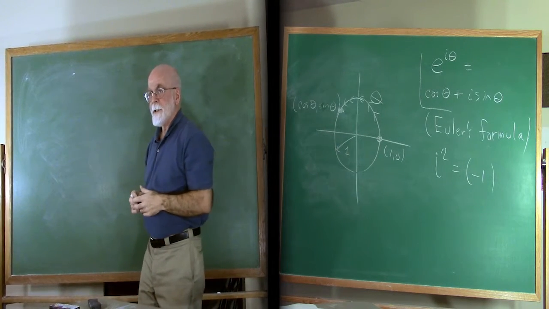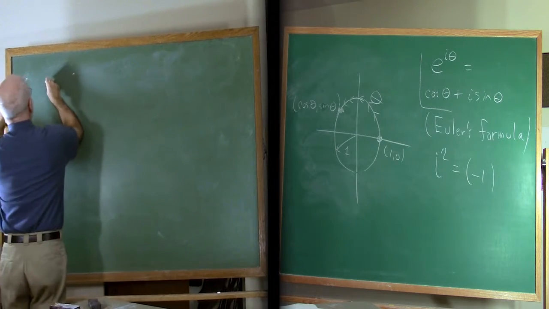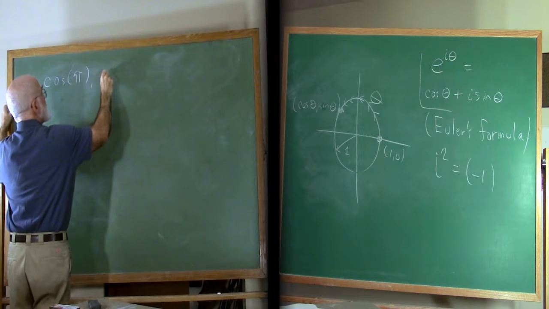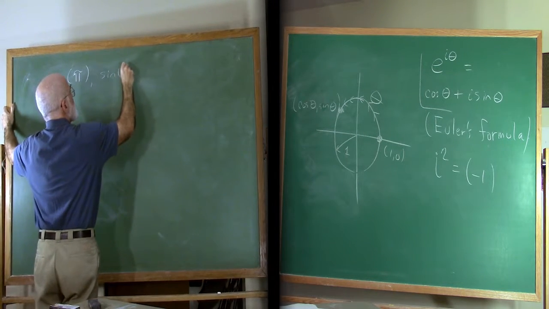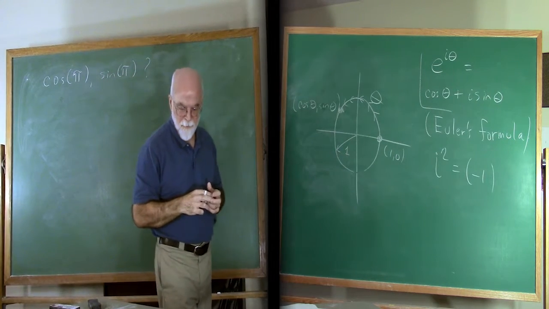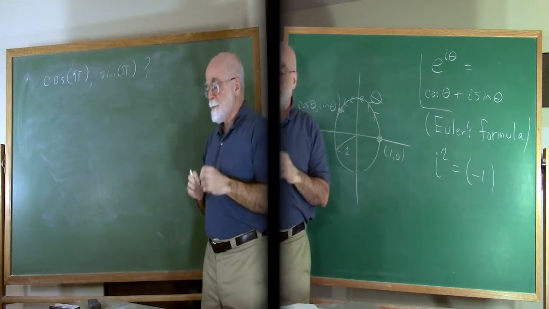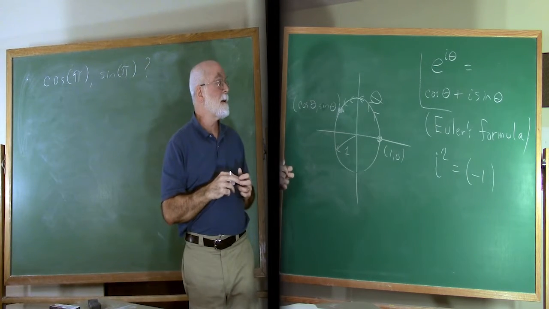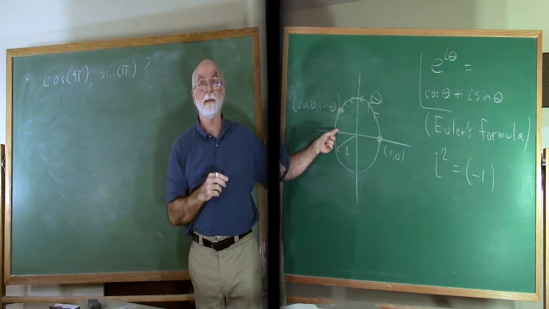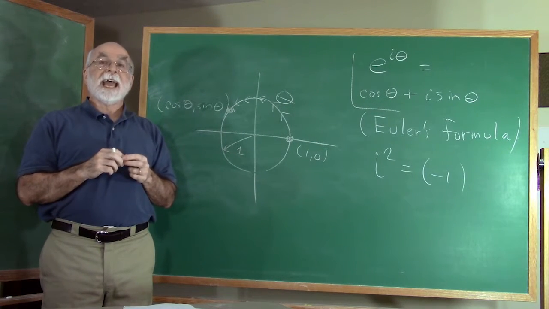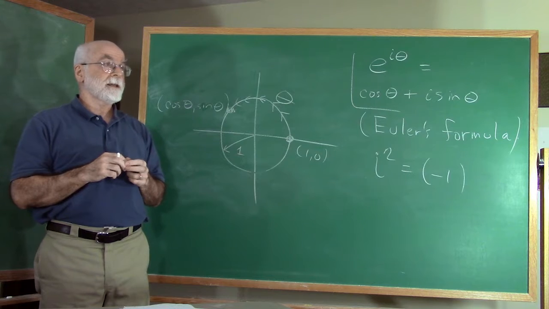That was 2 pi. Let's try pi. Cosine and sine of pi. First step is always to locate that value of pi on the unit circle. That sounds like half a circumference.